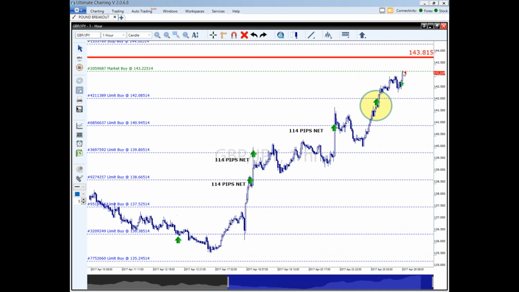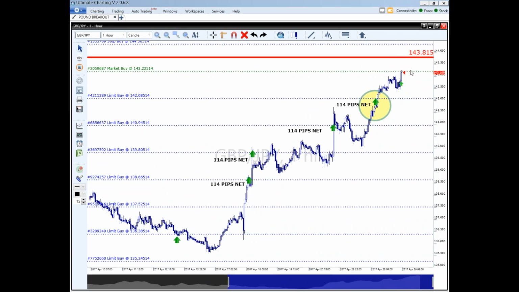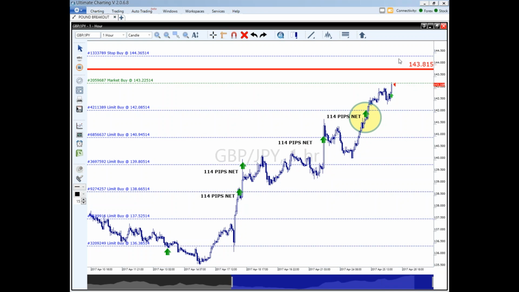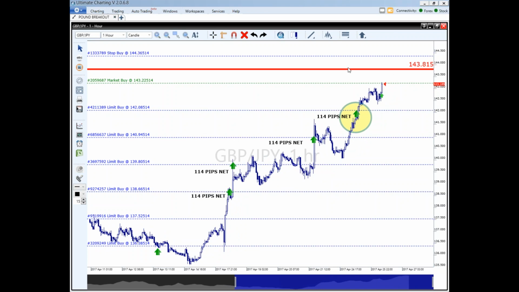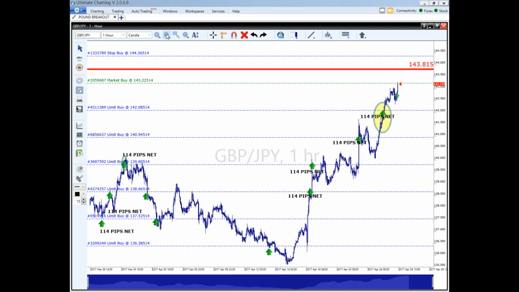And right now, 114 pips net would have been fulfilled with this most recent movement here. And then now we're resized into the market. And if we have a hard limit at 143.815, we'll be taken out. If not, when the market strikes the next 114 pip move, or if it retraces and gives us 114 pips net, we'll be out of the trade altogether before the D extensions even hit.